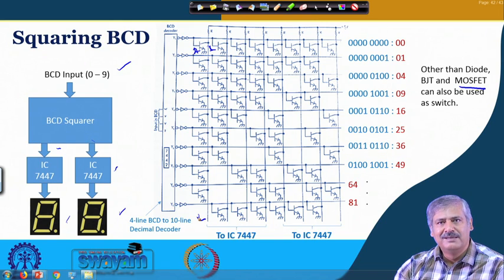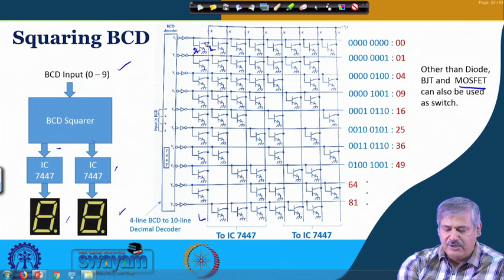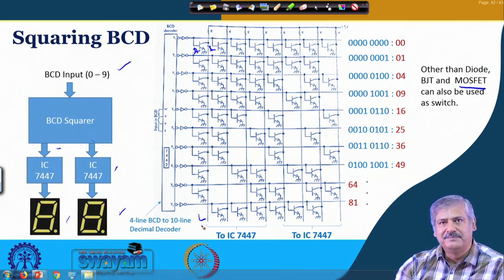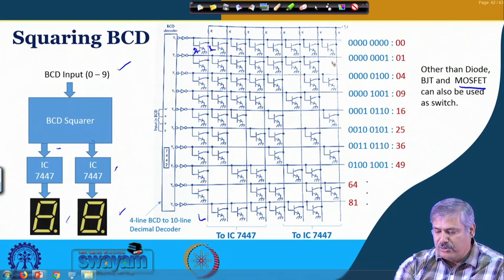Is it all right? Clear? So the voltage at the input of the transistor makes the output low at the cross point. If at the cross point no such transistor is there, then this 5 volt will be coming over here.